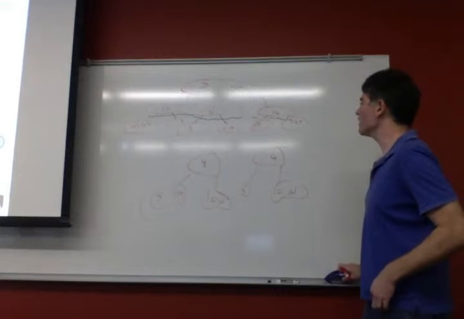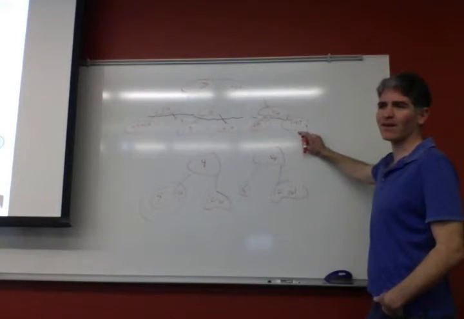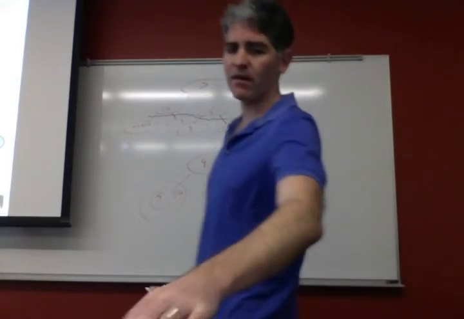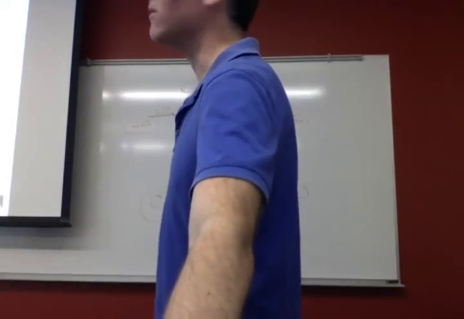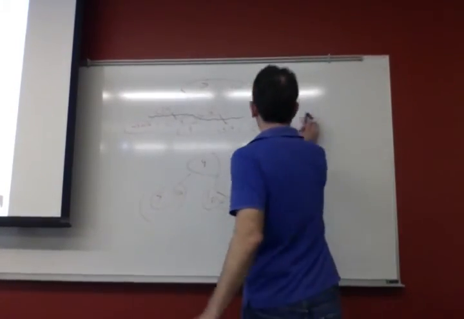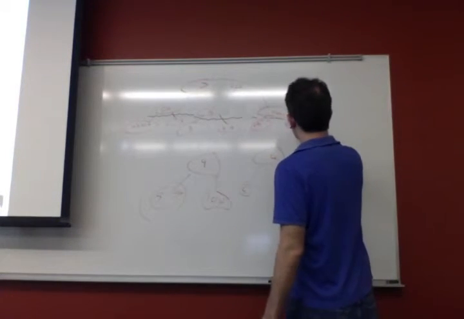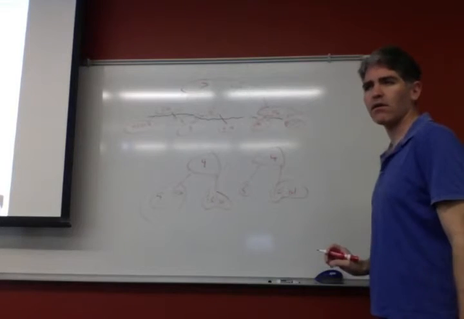Okay, now let's kill 1137. So killing 1137 puts us in this situation. So now 1137 is gone. Now I'm going to draw that with a dead node for now.